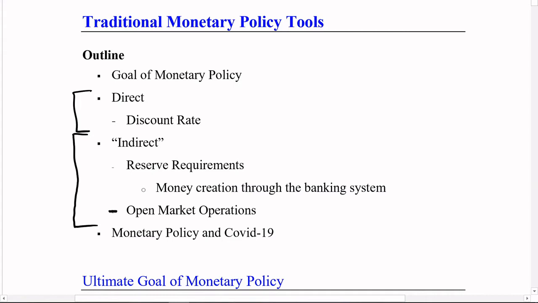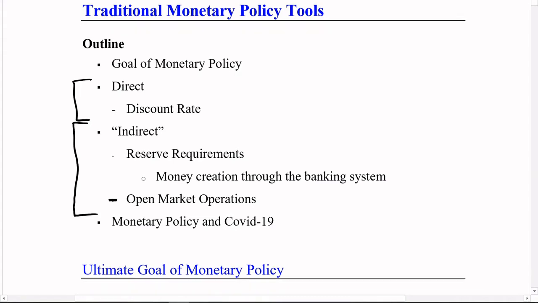The Federal Reserve can pretty precisely target a very small range. I'll show you that at the end.